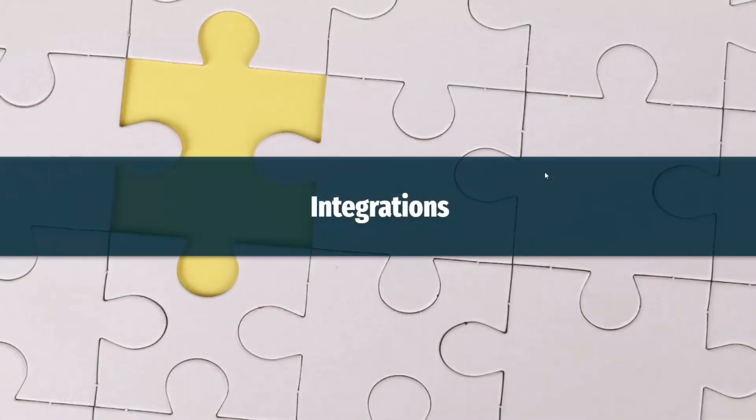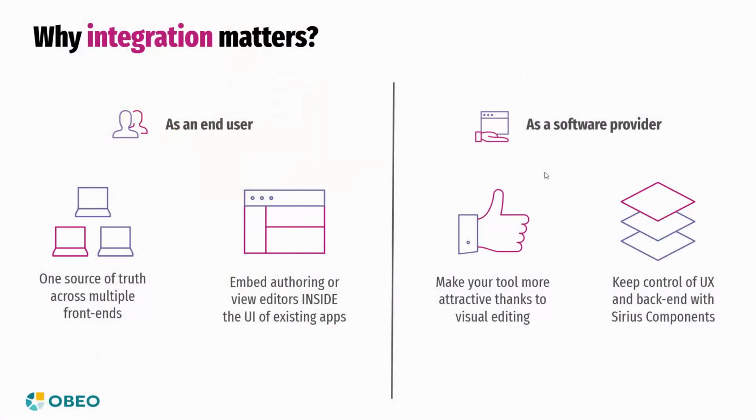In terms of integrations, going to the web provides some new experiences which are very cool. As an end user, you can have one source of truth of your data centralized in the database, but usable in different front ends. And each of these front ends can be embedded directly inside the existing apps.